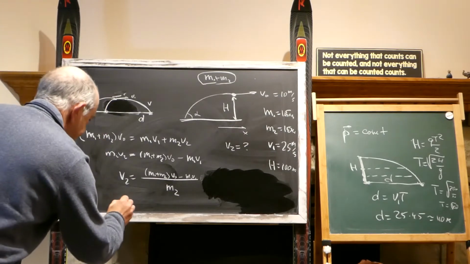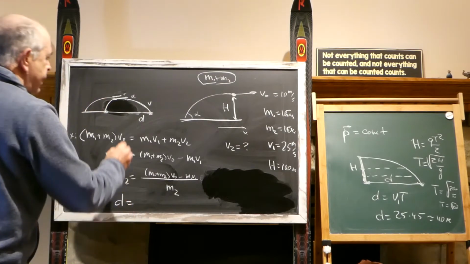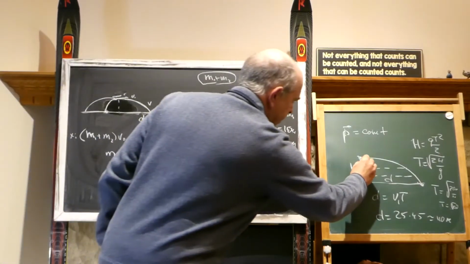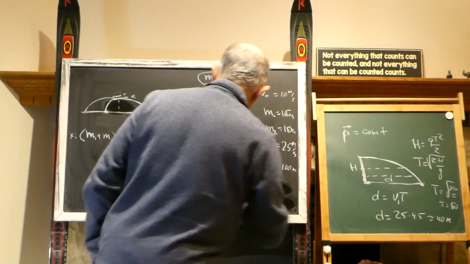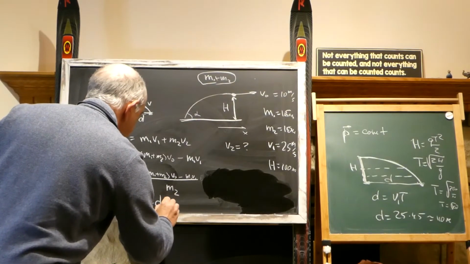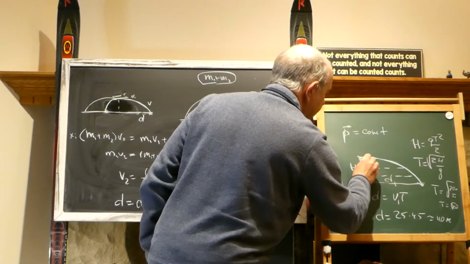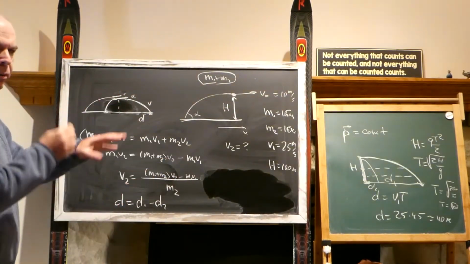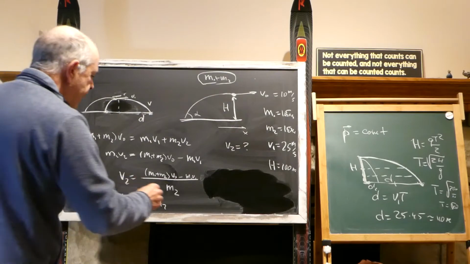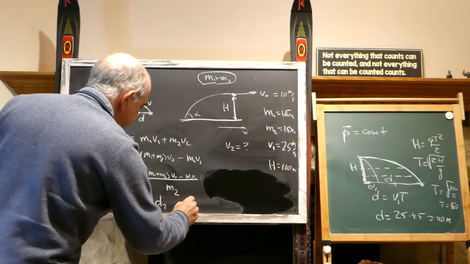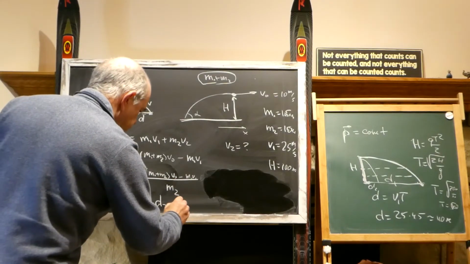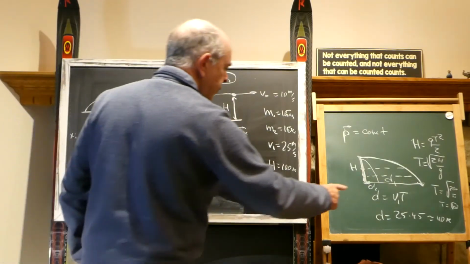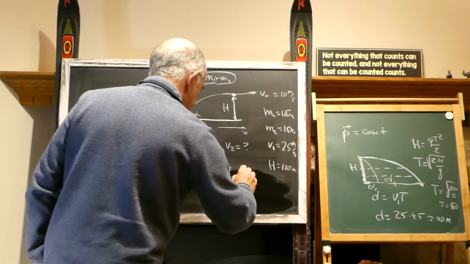we can say that the distance is this distance d1 covered by the first chart, minus distance d2. So this is d1 and this is d2. And I don't care about the sign. The sign will be obtained on its own. And then I say that d1 is v1t, right?